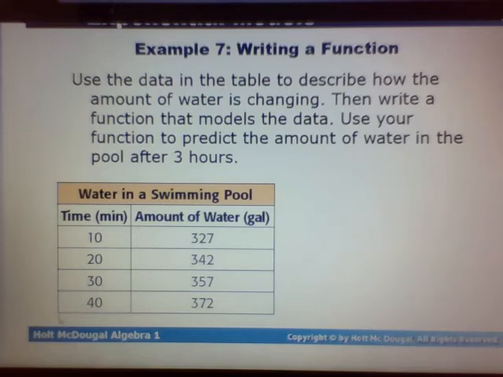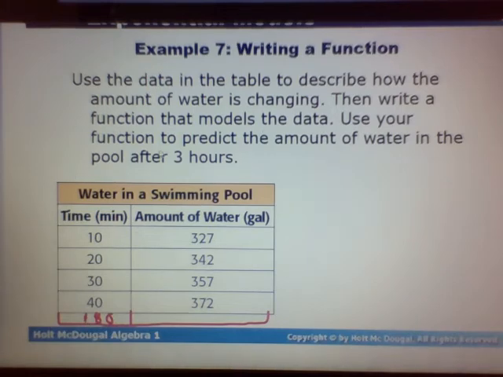So we're extending this table and saying what would happen in 3 hours. And 3 hours in minutes is 60 times 3, so 180. All right, so we'll get to that once we get our model.